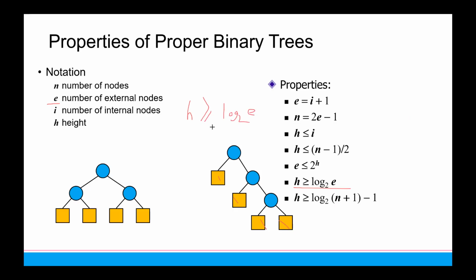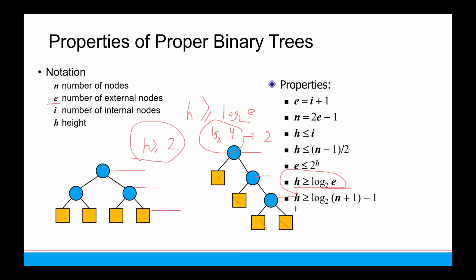Then log base 2 of 4. It means this is 2. Okay. And h is greater than or equal to 2. Yes, this is true because we have 1, 2, 3. In this case, we have 1, 2. Okay. So the property is correct.